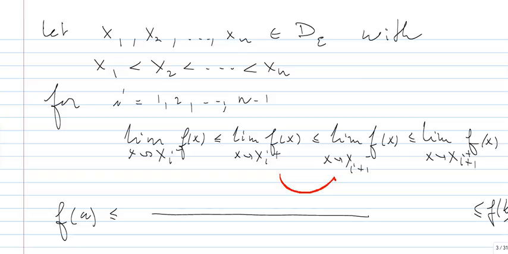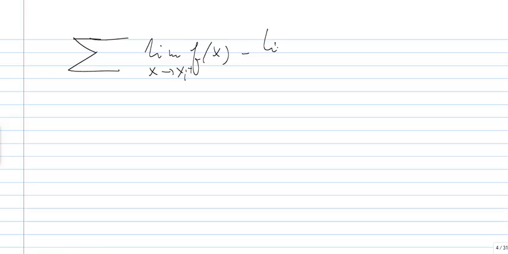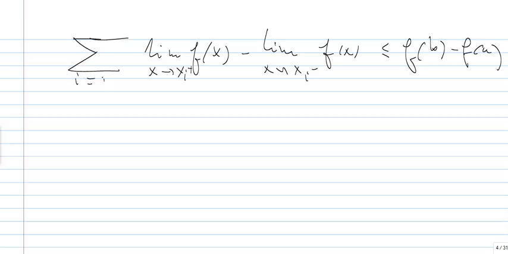So from here, we get that the sum, because they are all disjoint increasing intervals, of the limit of f of x when x goes to xi from the right minus the limit of f of x when x goes to xi from the left, will be less than f of b minus f of a. And this is from 1 to n.